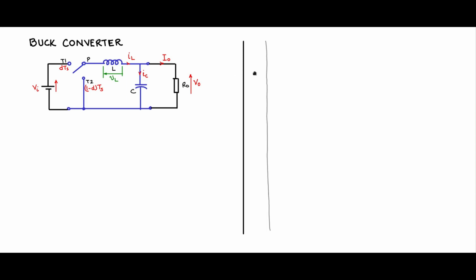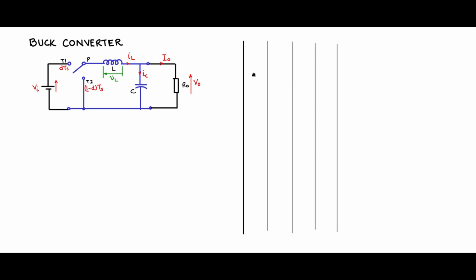Now let us try to understand the circuit visually, graphically, by looking at the waveforms. I am going to have the time on the x-axis, and the time is split into DTS, 1 minus D TS, DTS, 1 minus D TS, two switching periods. Let us first draw a waveform Vp with respect to time.